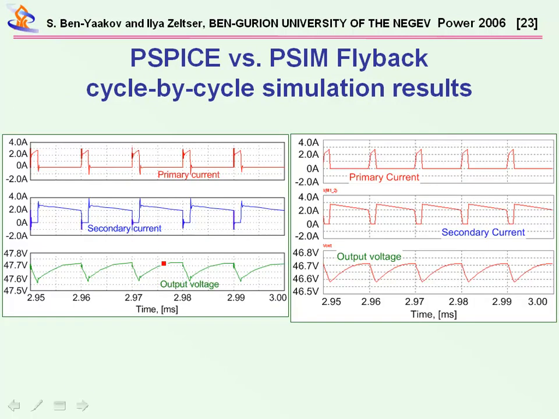If we compare PSPICE to PSIM, this will be here PSPICE, and this is PSIM, of course, and you can see that PSPICE will show all these spikes and transitions that you'd expect, while in the case of PSIM, you don't see them.